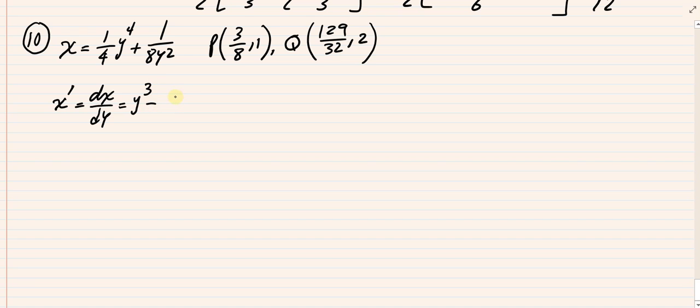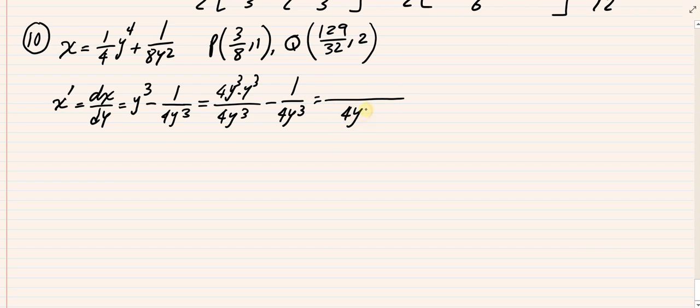Next, the derivative of 1/8 y to the negative 2 becomes negative 1/4 y to the negative 3. Okay, and then I can get the LCD, multiply the first expression top and bottom by 4y cubed, so I can combine the two fractions. So here's my LCD, 4y cubed. This is going to give me 4y to the 6th minus 1. And so that's just the derivative.